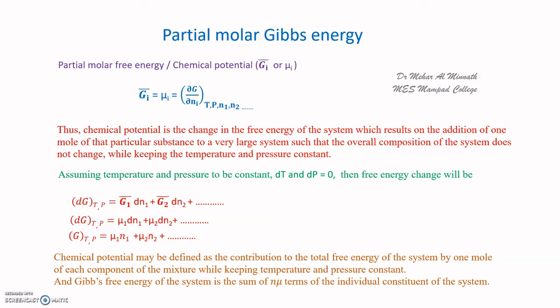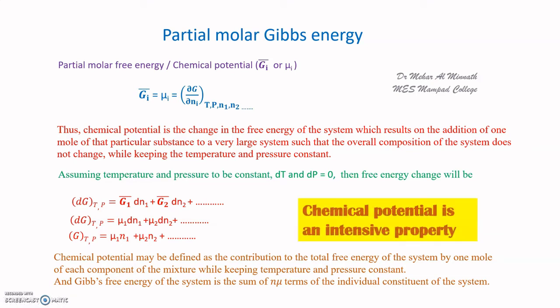Okay, so that is it. Try to remember this sentence also: Gibbs free energy of the system is the sum of the chemical potentials of the individual constituents. So every individual constituent will be contributing towards the Gibbs free energy, and that contribution is called the chemical potential.